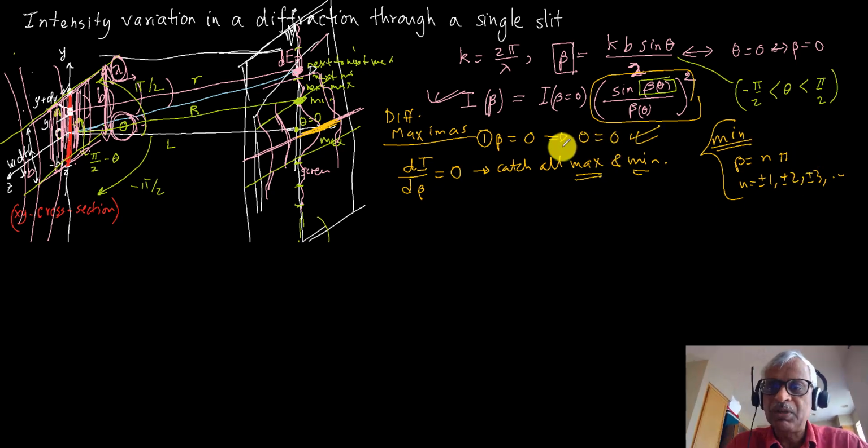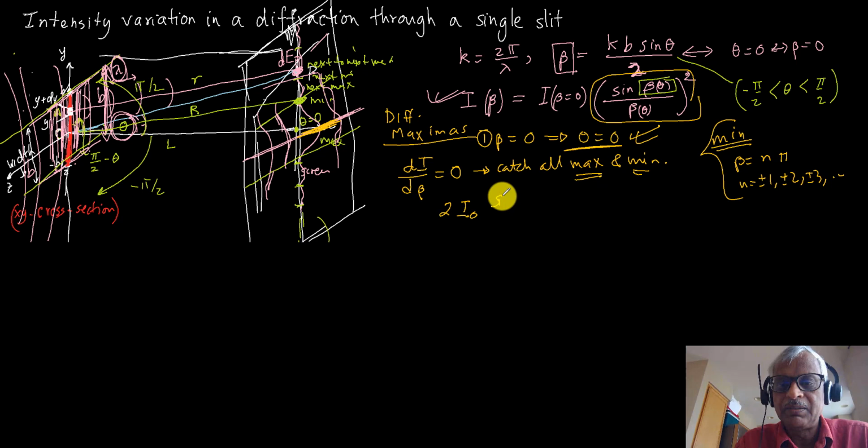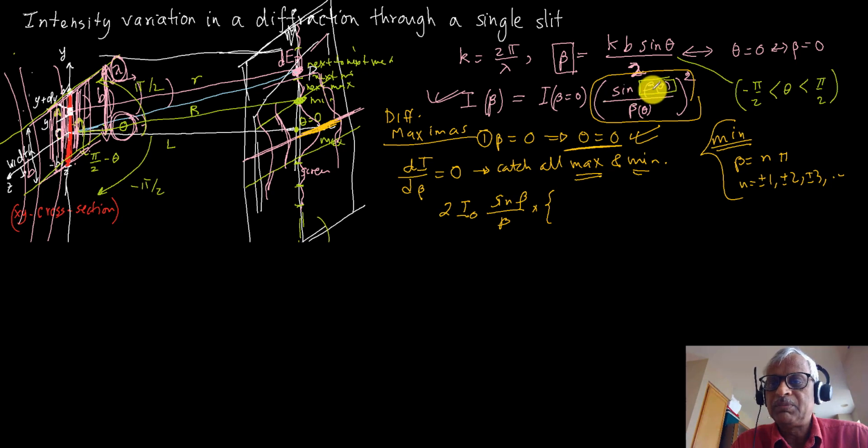When I do this, I get 2 I0 sine beta over beta, and then cosine beta over beta minus sine beta over beta square equal to 0.